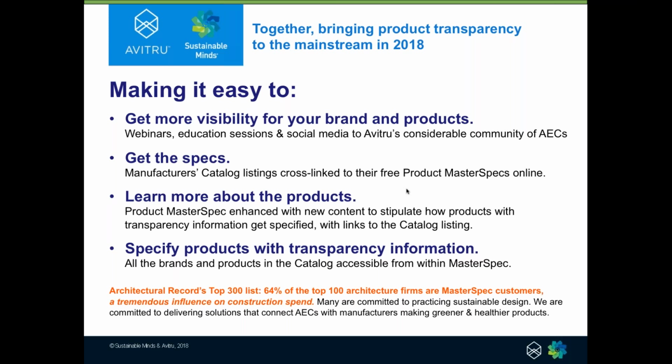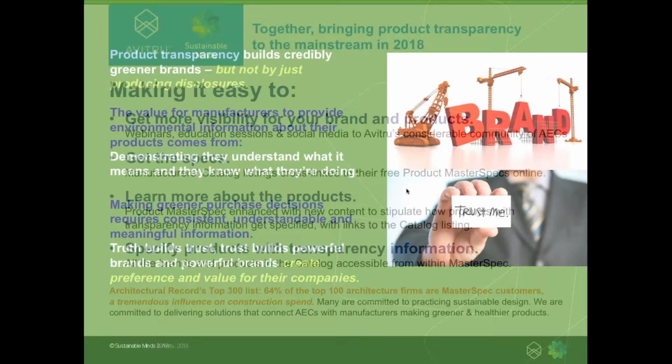At the same time, a user is looking for products with transparency information, and ultimately to get products with transparency information to be selected and specified through master spec. And what's really exciting is, again, the market penetration that master spec represents and the construction spend that those users also represent. We think we have, collectively, a really great opportunity to accelerate bringing product transparency to the mainstream.